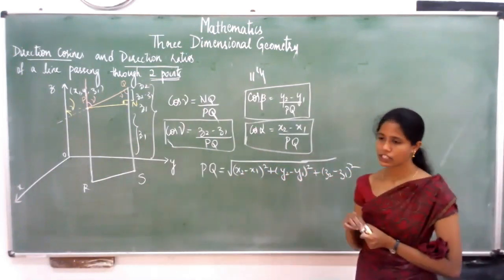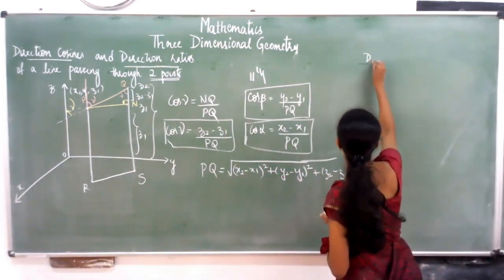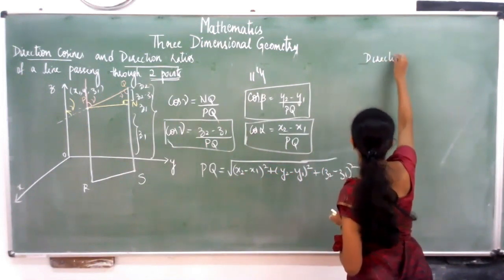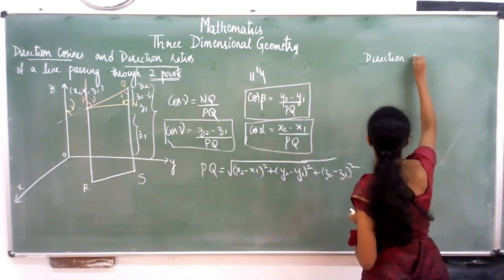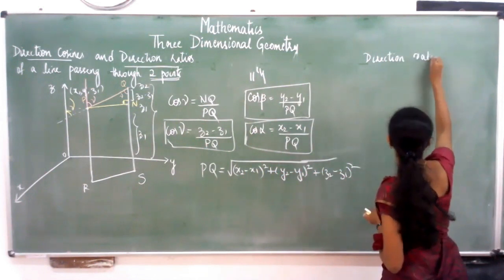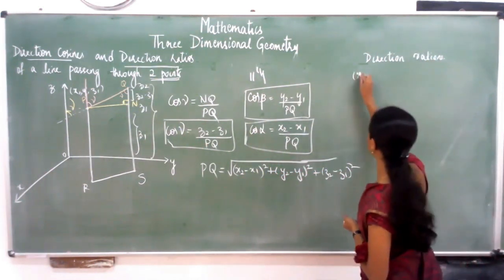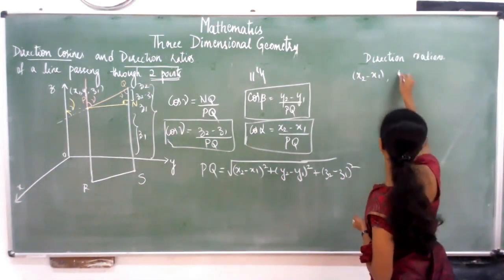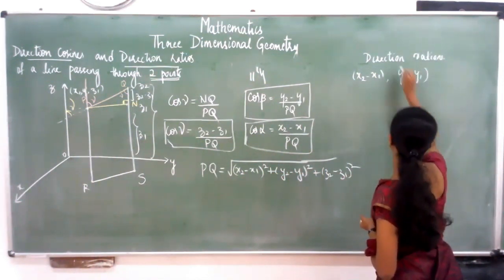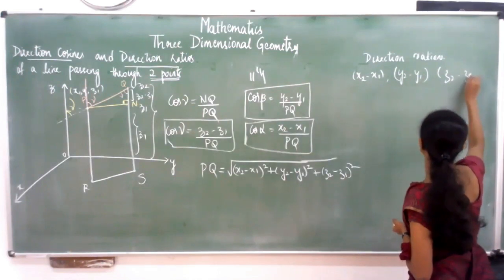If these are the direction cosines, what are the direction ratios? For the line passing through the 2 points, the direction ratios will be x2 minus x1, y2 minus y1, and z2 minus z1.